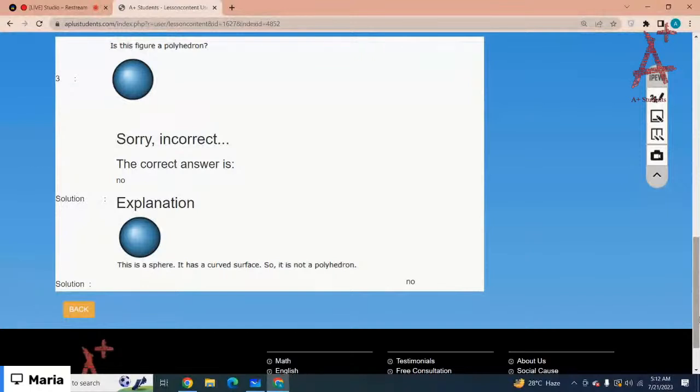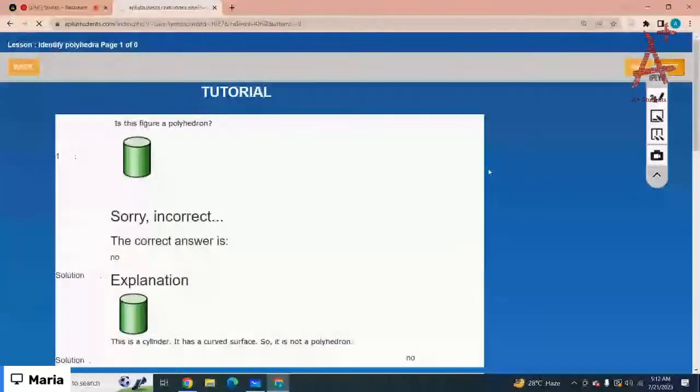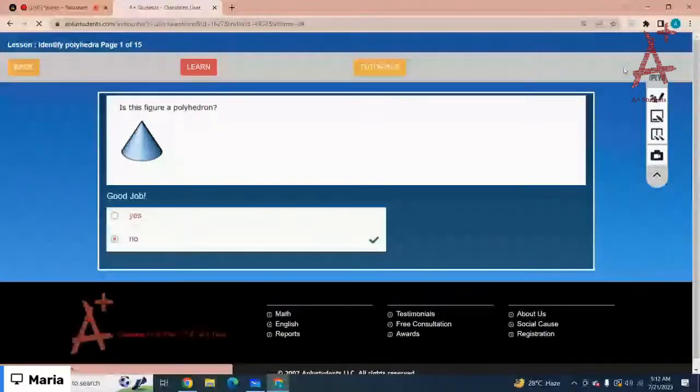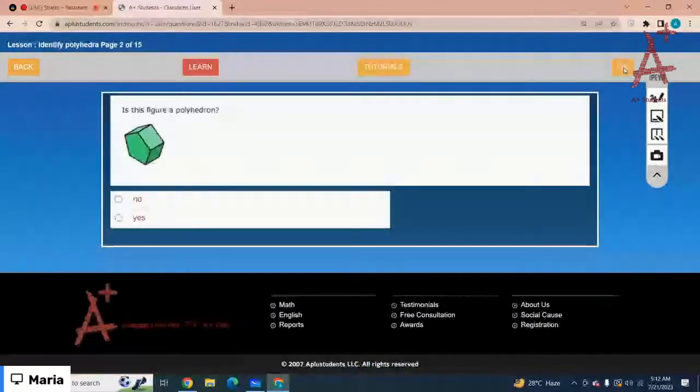So let's just start with the practice questions. Is this figure a polyhedron? Yes or no? No, this is the cone, not a polyhedron. Is this figure a polyhedron?